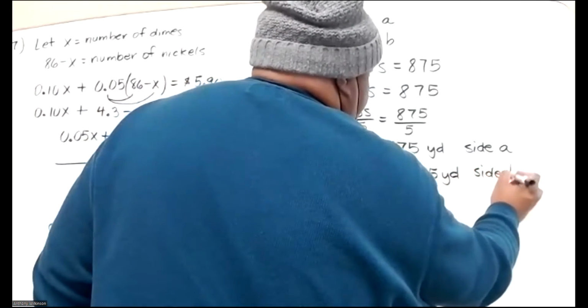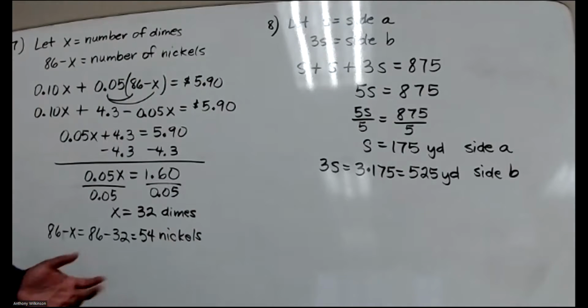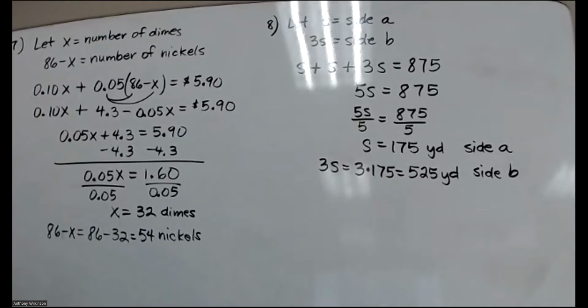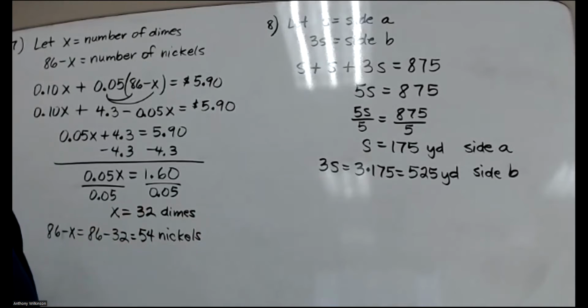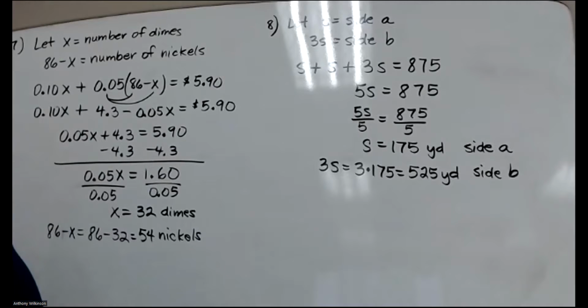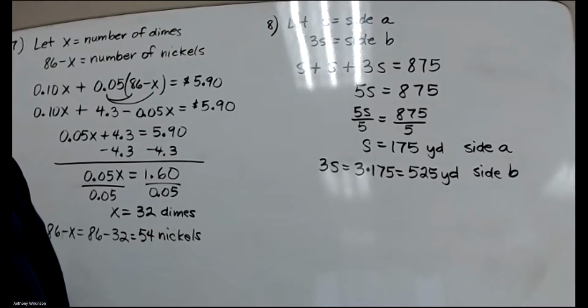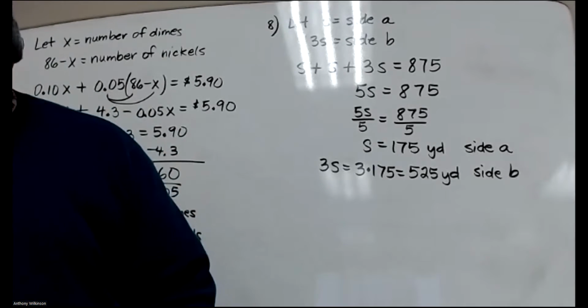That would be the length of side B. And in this case here, if you were to do the check, pretty much if you add 175 yards to 525 yards, actually you have to add 175 twice, because side A has opposite sides. 175 and 175, that's 350 plus 525 would get you 825. I mean 875. Okay. So those answers there will be the correct dimensions needed.